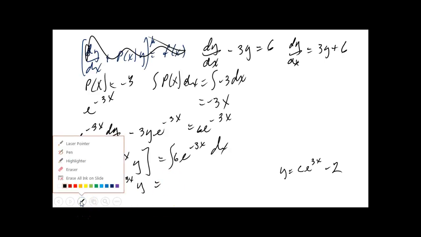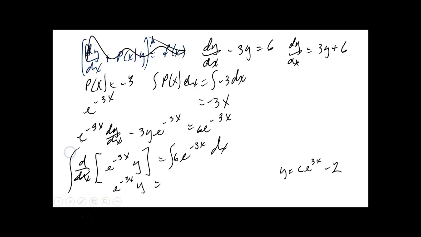Okay, it's a minus 2 e to the minus 3x plus c. You need that plus c in there, I think, okay? Because now, what we're going to do is multiply both sides of the equation by e to the minus 3x.